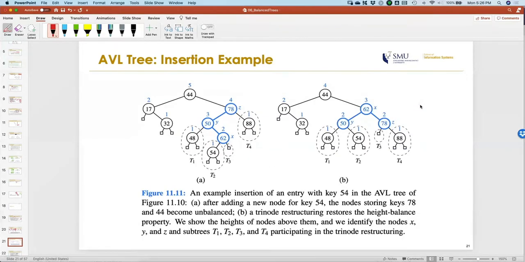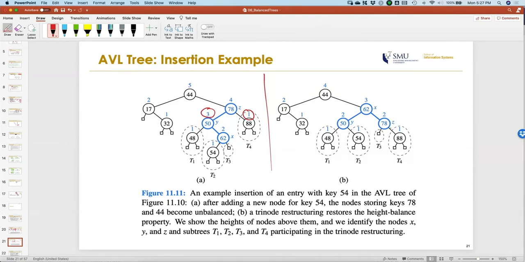Now, this is another example. So here, this is a whole subtree, right? Before and after. And let's say you have just added the 54, right? Now, when you add 54 inside here, you create imbalance, right? Because this is a 3, this is a 1. So a height difference of 2. So now to bring it back to balance, you're going to restructure it by rotating it to the other side.